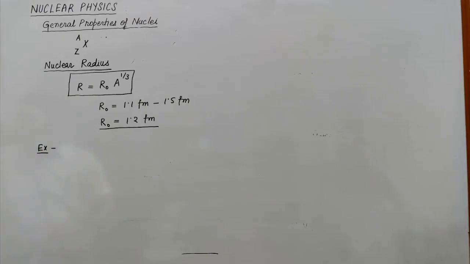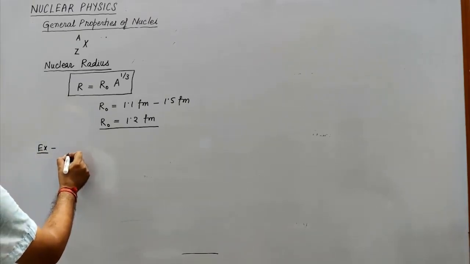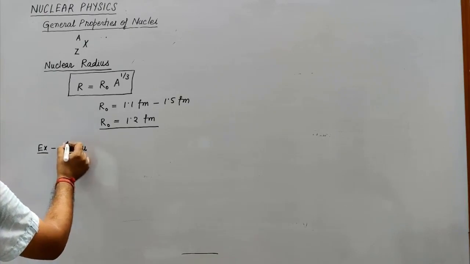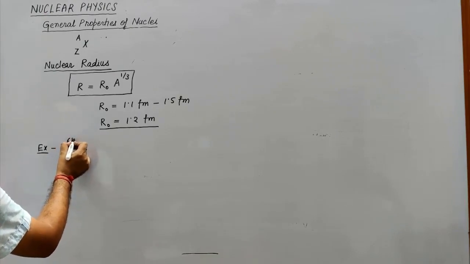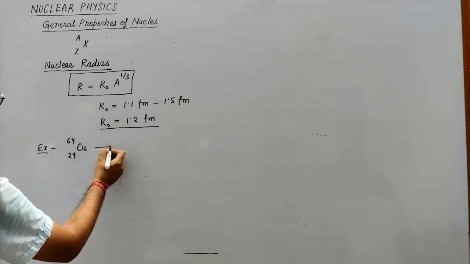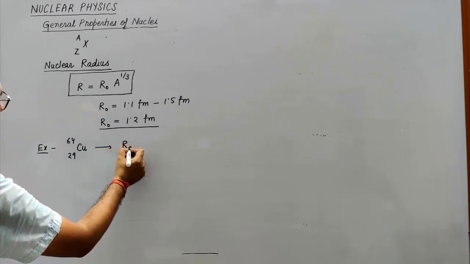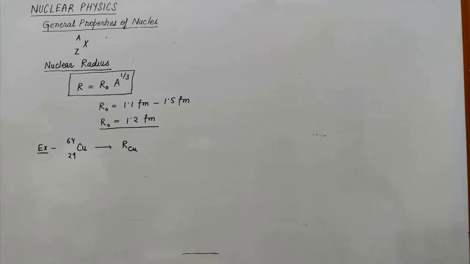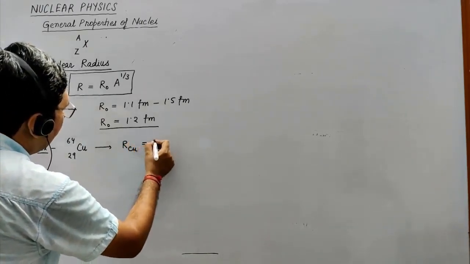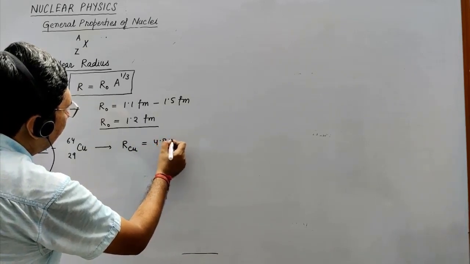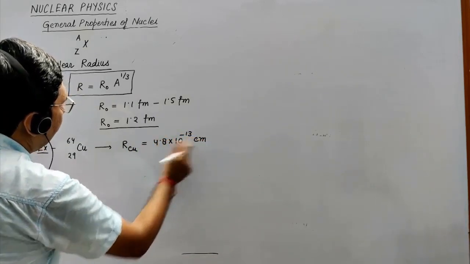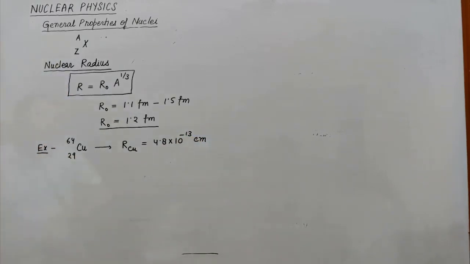Suppose I have a nucleus 29Cu64, and the nuclear radius of this nucleus, RCu, is equal to 4.8 into 10 to the power minus 13 centimeters.